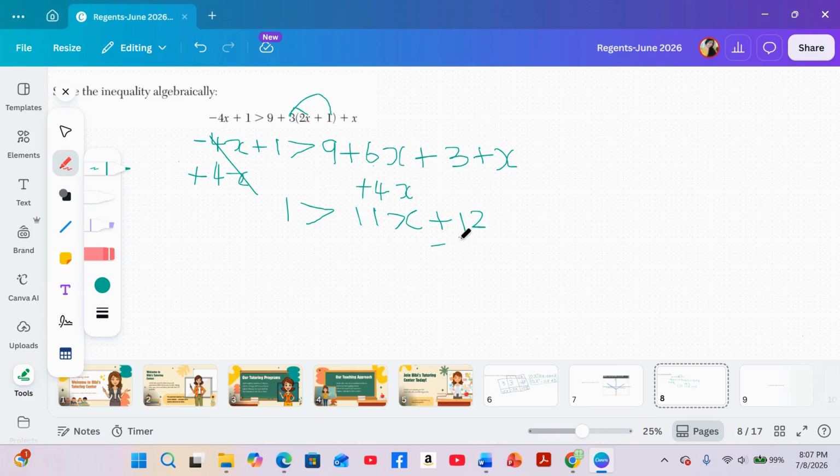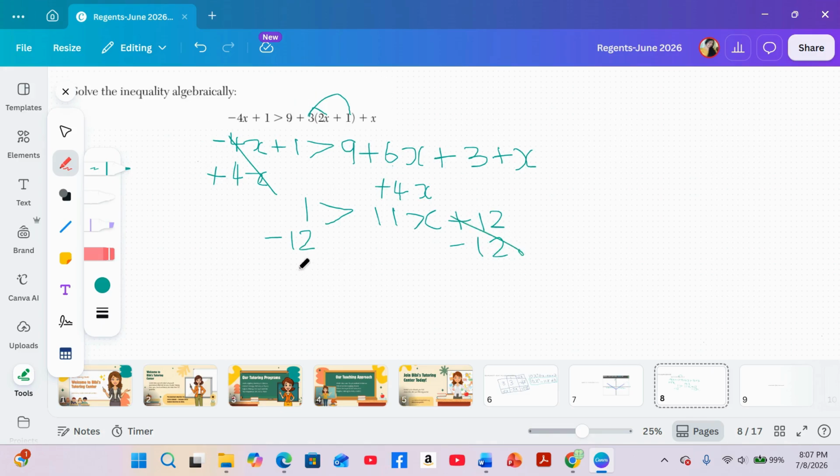We'll get rid of the 12 by subtracting it on both sides. This cancels out, and we're left with minus 11 is greater than 11x. Divide by 11. And now this becomes minus 1 is greater than x, or x is less than minus 1.